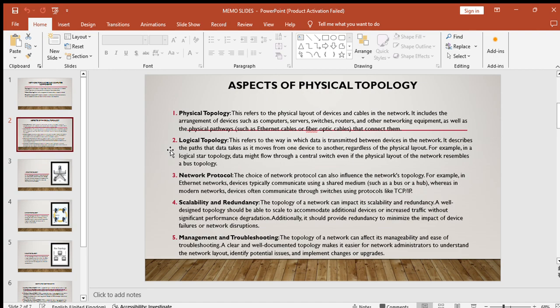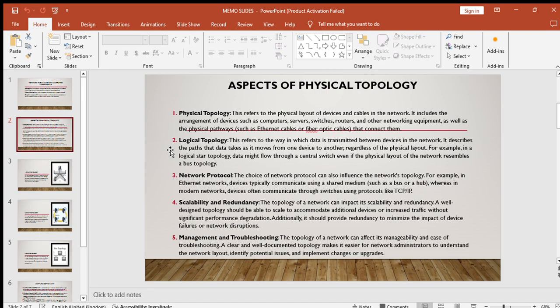Three, we have the network protocol. The choice of network protocol can also influence the network's topology. For example, in Ethernet networks, devices typically communicate using a shared media, such as a bus or a hub, whereas in modern networks, devices often communicate through switches using protocols like TCP/IP.